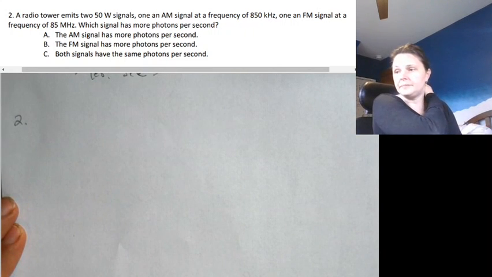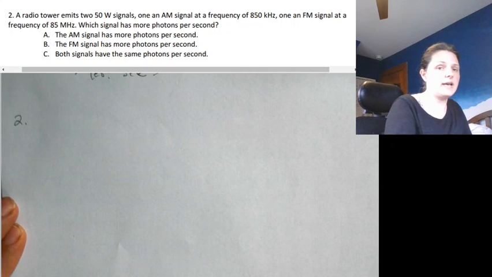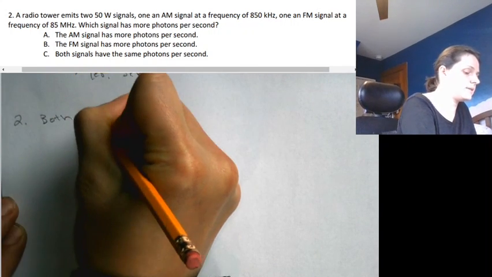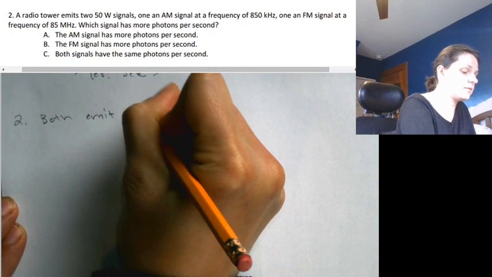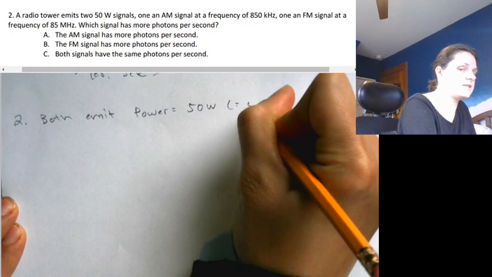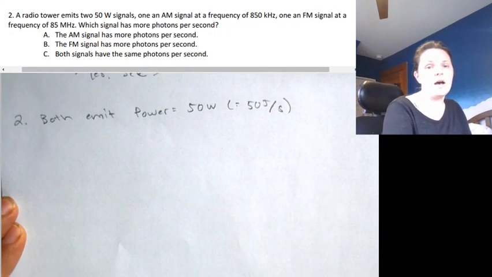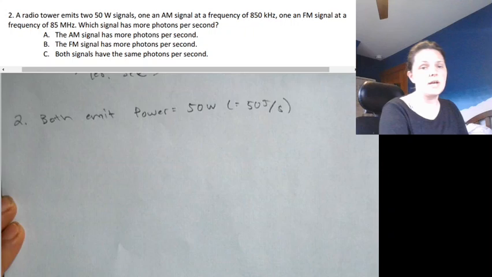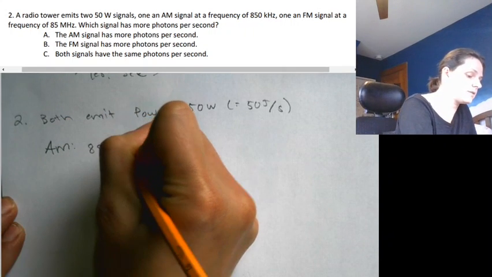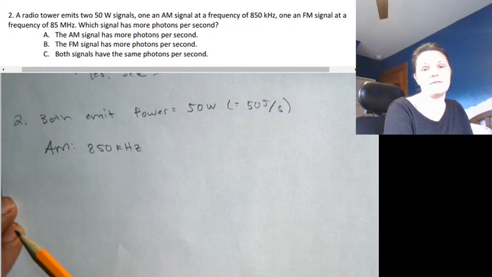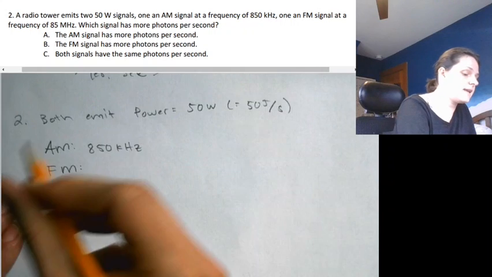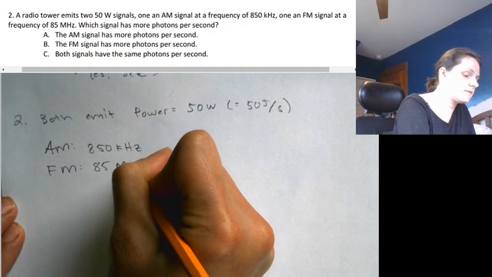So let's go ahead and say both emit the same power, which is 50 watts, which is 50 joules per second. The AM signal is 850 kilohertz, so 850 cycles per second, and our FM signal is 85 megahertz.